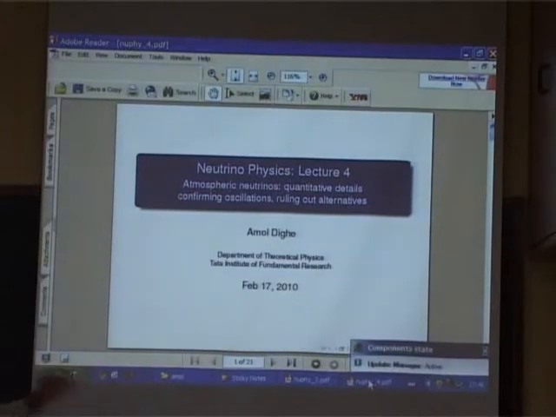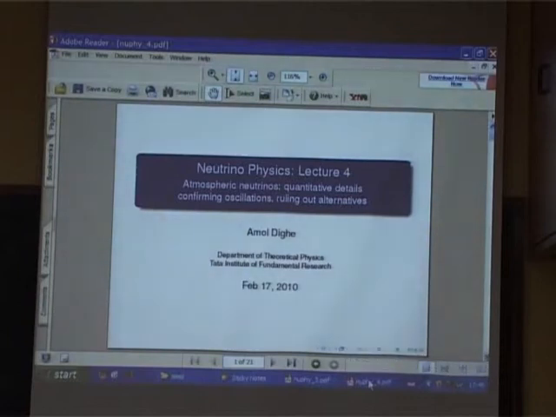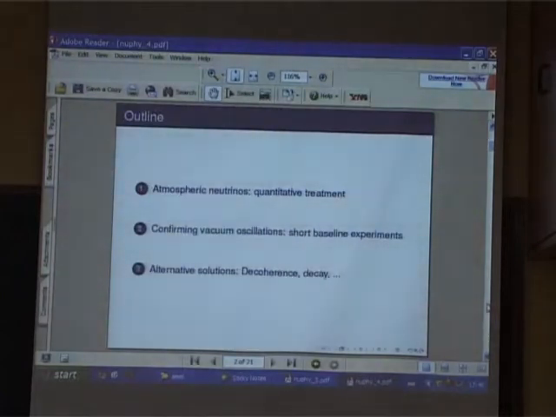We detected their energy. And then we will see if there are any other alternatives apart from neutrino oscillations which can help resolve the atmospheric neutrino problem. Okay? So there will be some candidates and we try to do them. Okay? So that's what we will do.